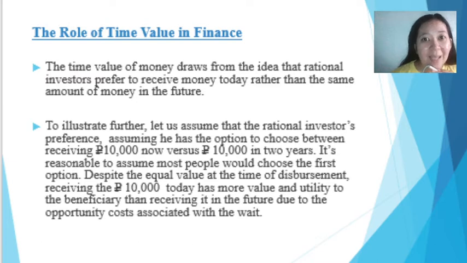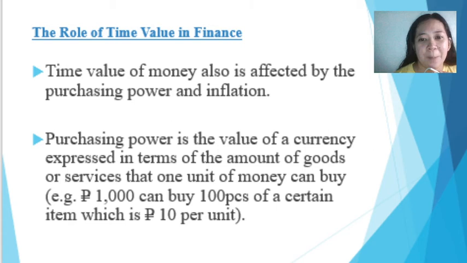He will lose the opportunity of earning interest, dividend, and other benefits if he waits for a period of time to receive the money. That's why it is preferred that they receive it now, so that they can invest it and earn interest.